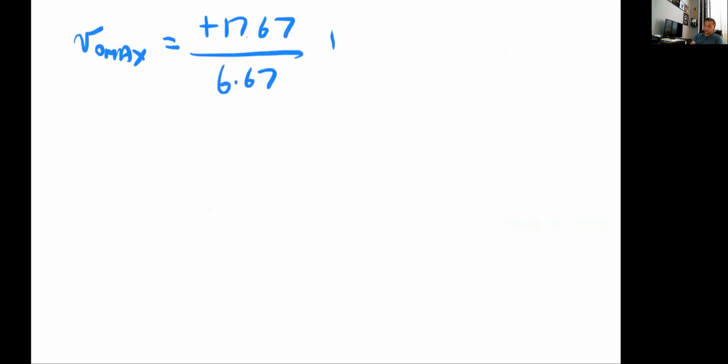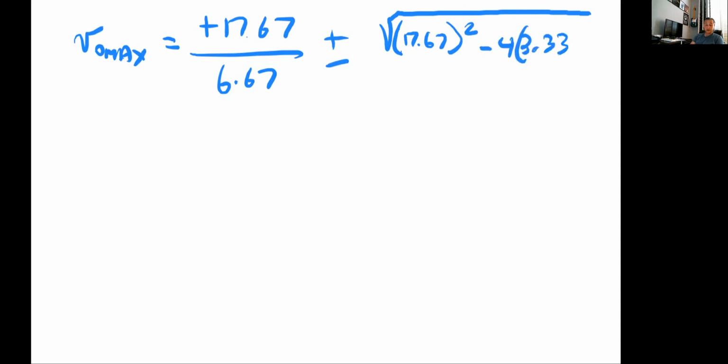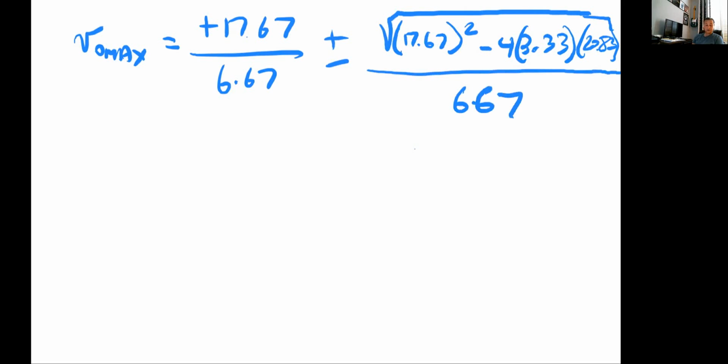So I have that VO max is 17.67 divided by 6.67 plus or minus the square root of 17.67 square minus 4 times 3.33 times 20.83, all of that inside the square root, divided by 0.67.